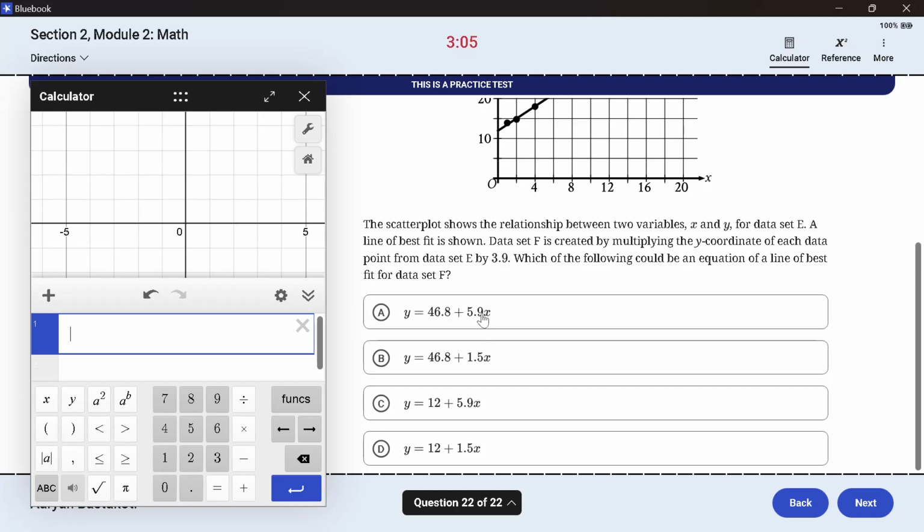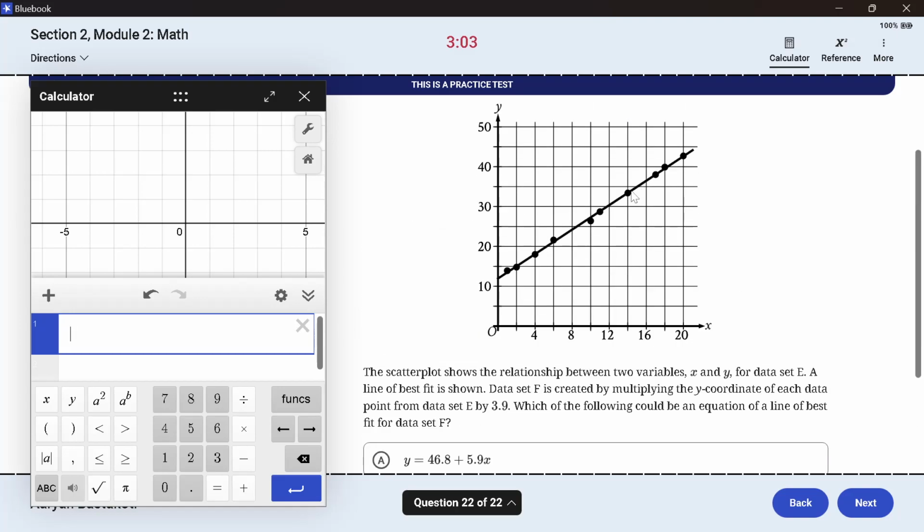And how would we find the slope of it? Let's estimate the slope. I'm using this point right here, 33, minus another point, estimating it around 27.